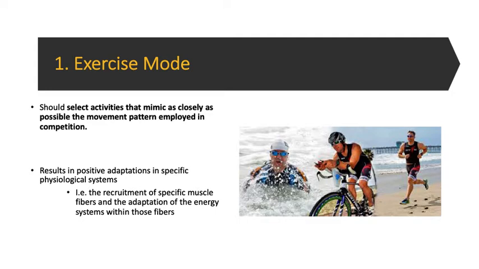Ultimately, you want to have a positive adaptation in specific physiological systems. Movement pattern is very important in driving that specific stimulus for the recruitment of specific muscle fibers and the adaptation of the energy systems within these fibers.